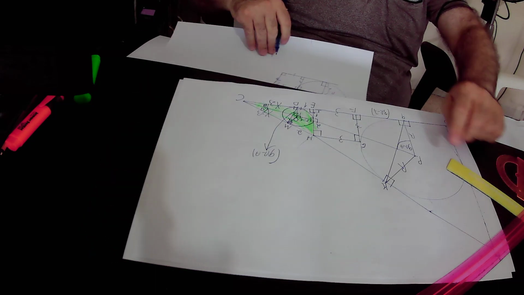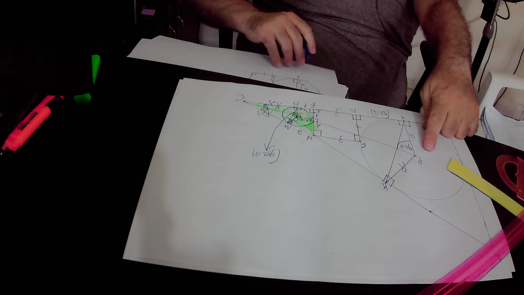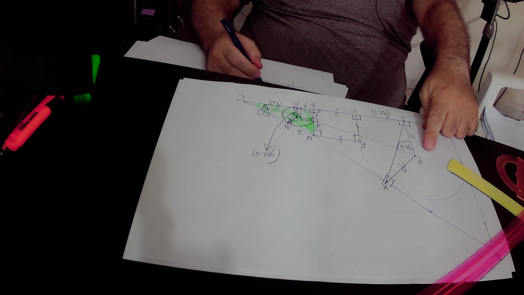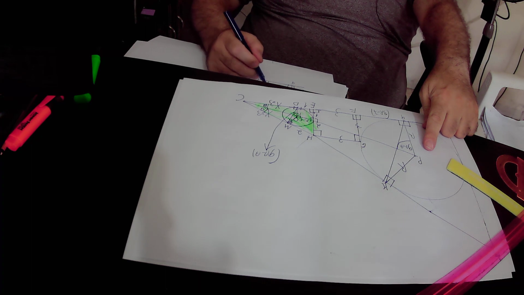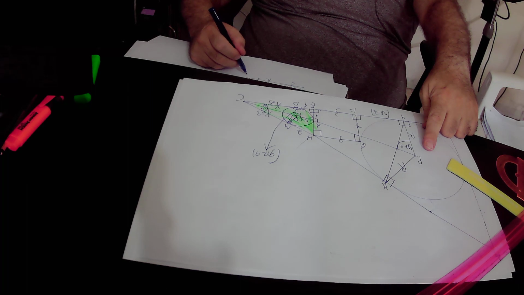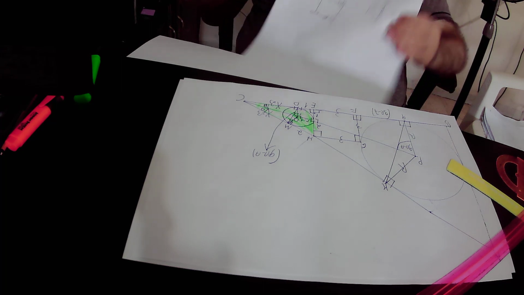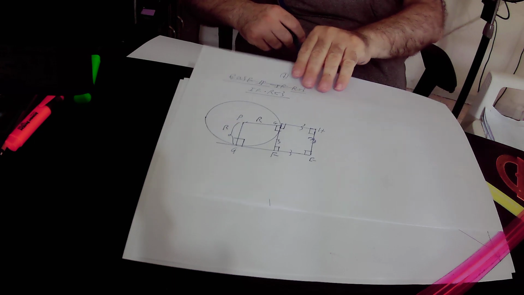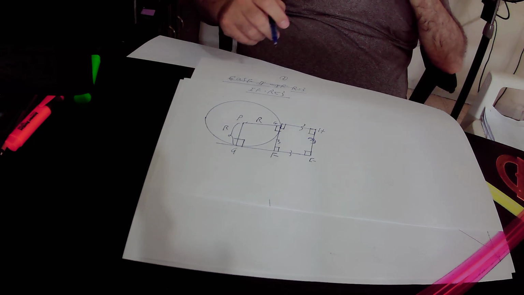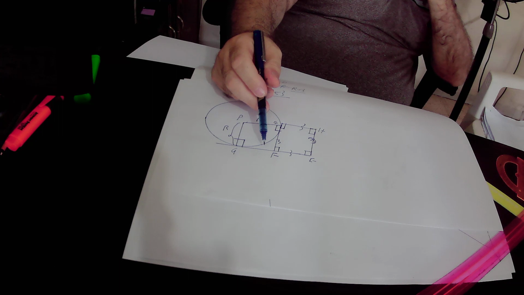So here, this is point P, this is point Q, this is point G, this is point F, this is point E, this is point H. So here we'll focus on the upper side of the straight line QE.